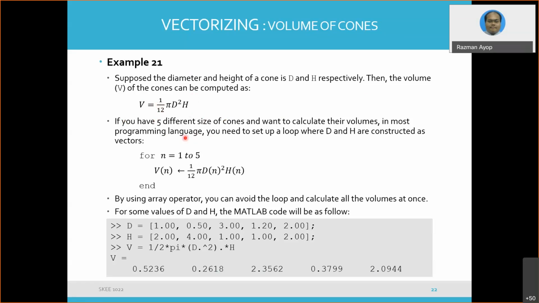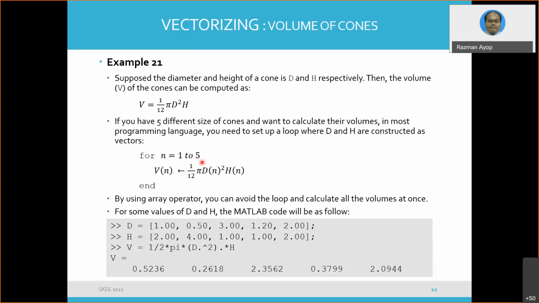The first method is, like I told you before, you can use the for function, the loop function. So basically you say n is just a number, 1 to 5.